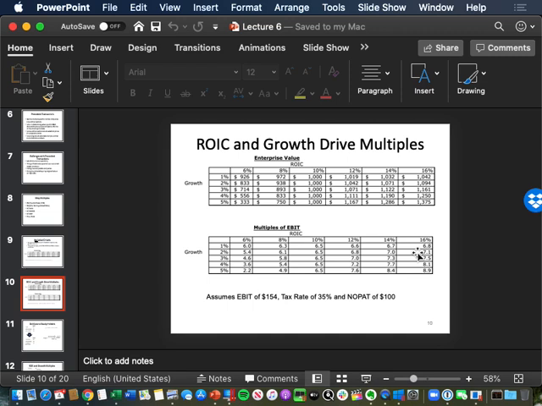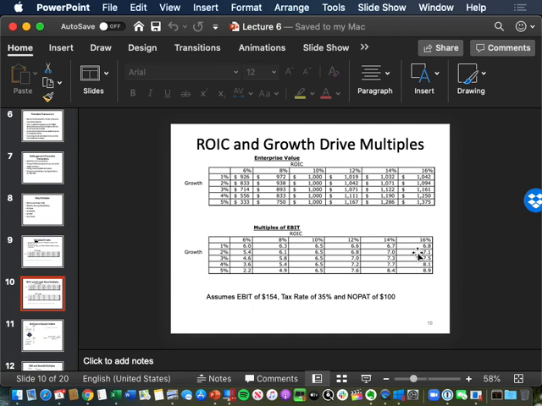So the real difference between the company trading at 6 times EBIT and the company trading at 7 times EBIT is one would be perceived to have a negative spread and the other a positive spread, given the ranges of growth. Does everybody see how we can draw those conclusions? Because these are the conclusions you're going to have to be able to draw. We'll make sure you can actually connect these dots.